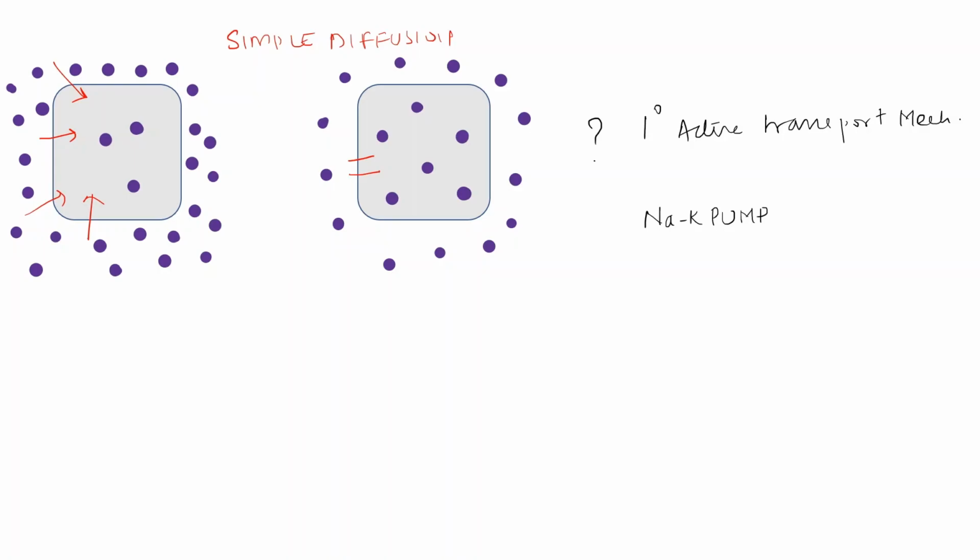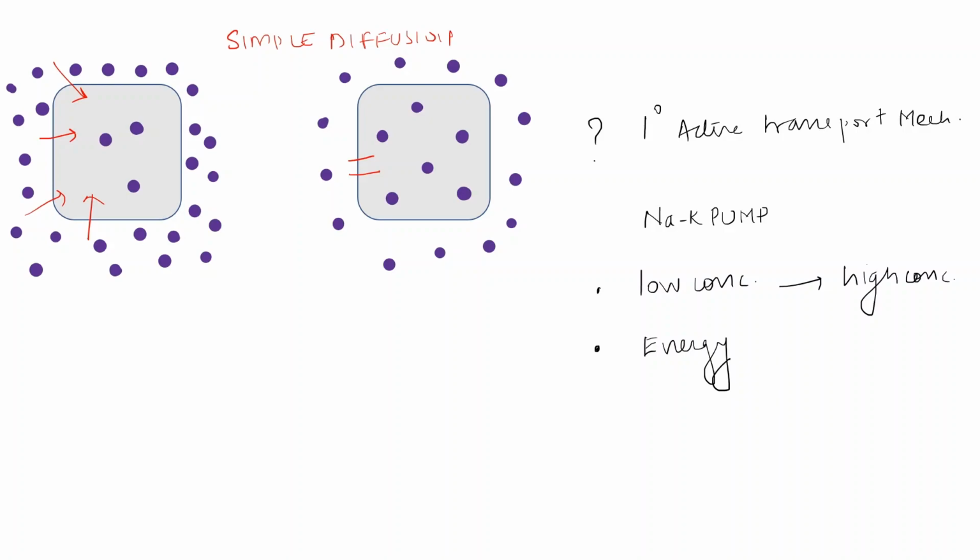What the sodium-potassium pump does here is it moves sodium and potassium from an area of low concentration to an area of high concentration, right? That is, it is moving against the concentration gradient, and if the ions have to move against the concentration gradient, then it requires energy.